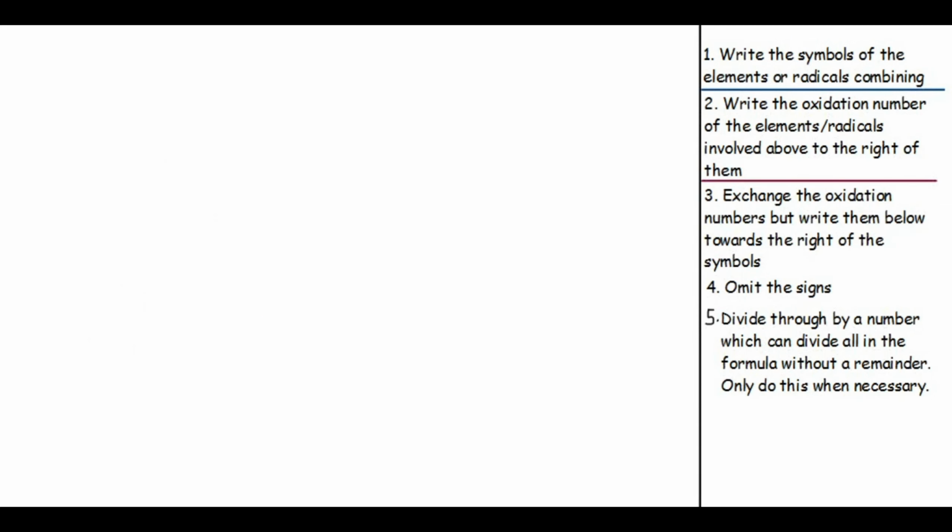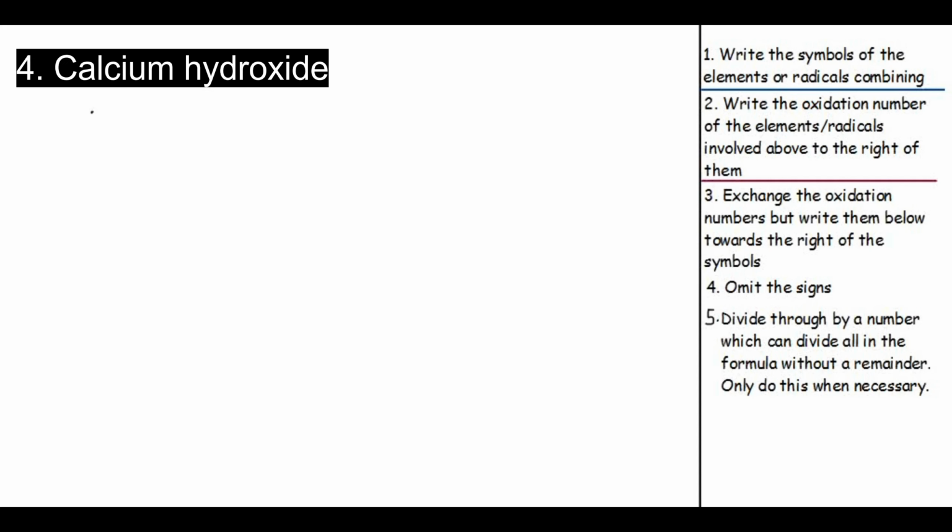Now see if you can write the chemical formula for this compound yourself. If we have calcium hydroxide, for instance, and we're told to write the chemical formula, we'll have from the name Ca and OH, calcium hydroxide.